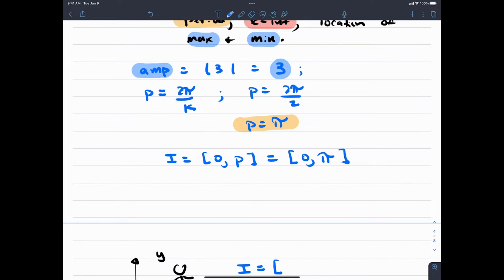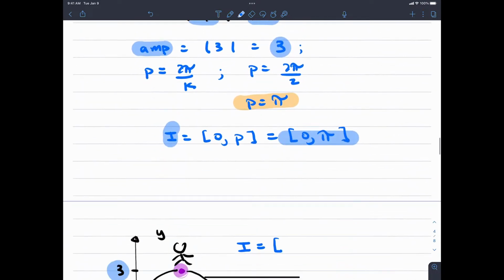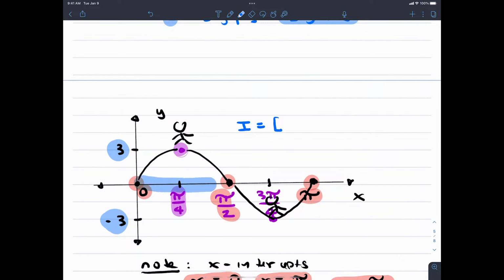Pi. So there you go, ladies and gentlemen. So here's my interval of one cycle. Start at 0, end at pi for this particular example we did yesterday. And this is what they're talking about here. This interval right in here. The values of x from 0 to pi. Okay, it's your definition.